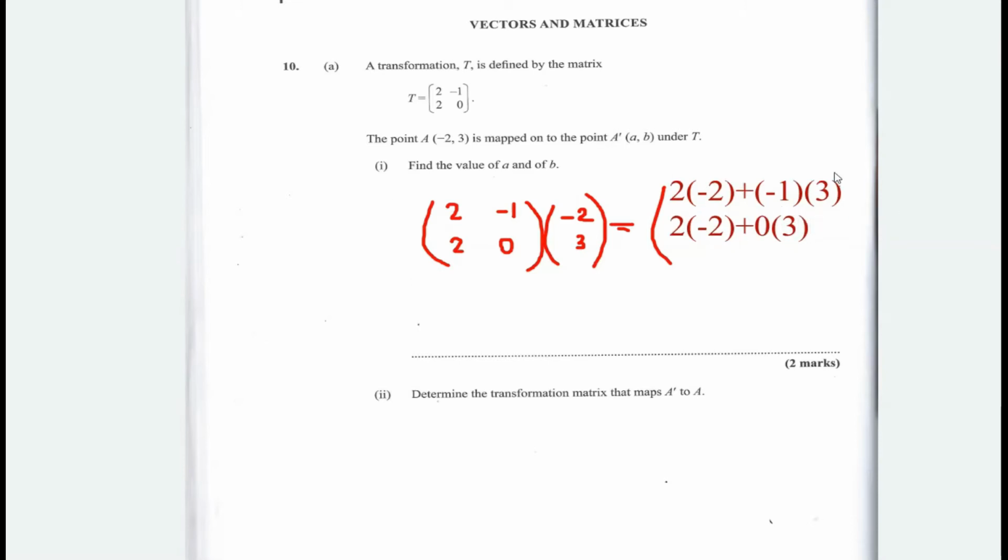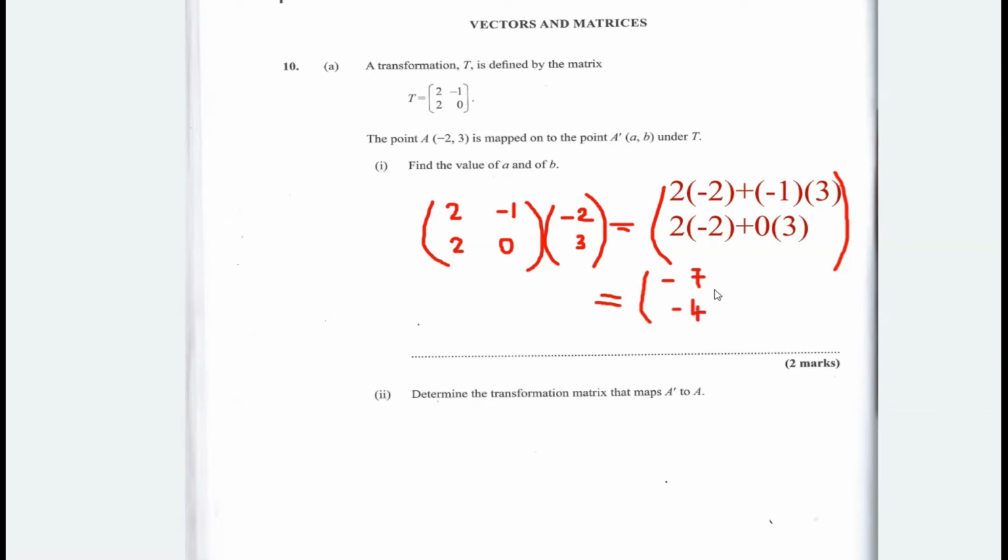We work that out by putting it in our calculator, and what we get is minus 4 minus 3, which is minus 7. And then this is minus 4 plus 0, which is minus 4.